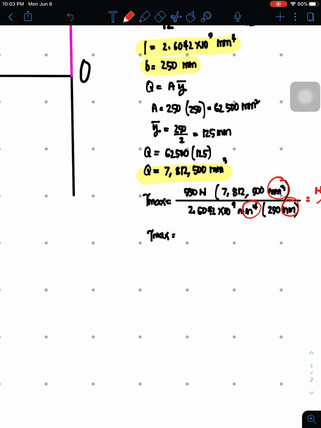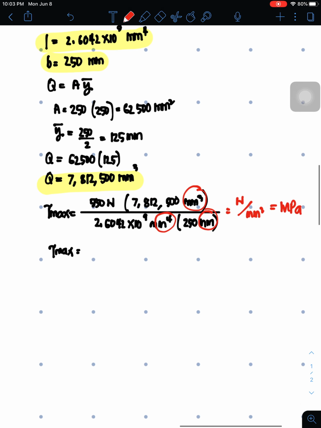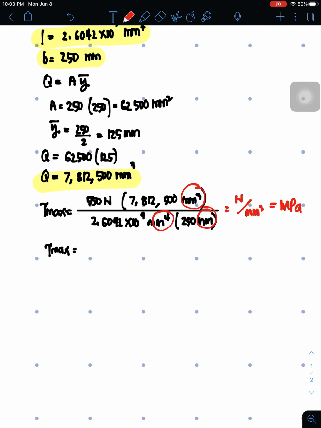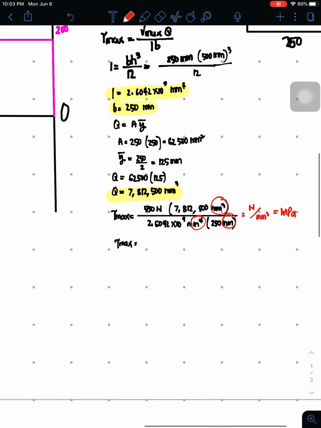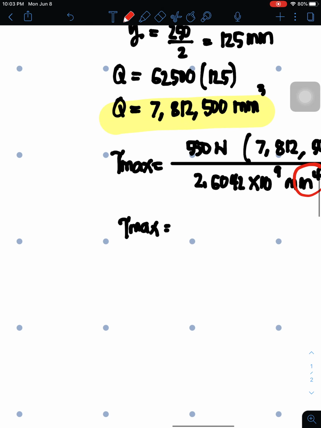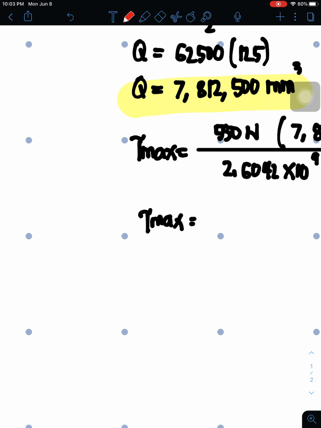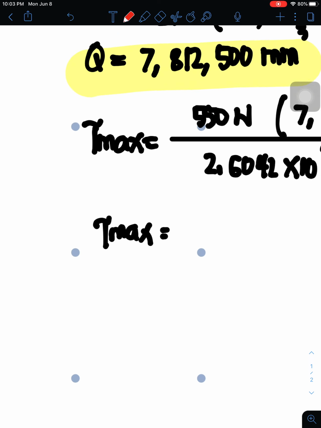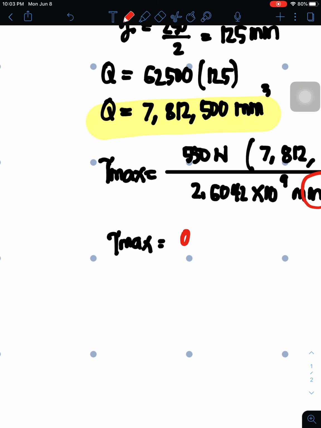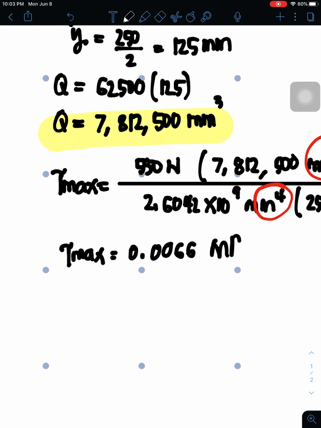So the shear stress, we have, it's 550, and then yes, the answer here is 0.00666 megapascal.